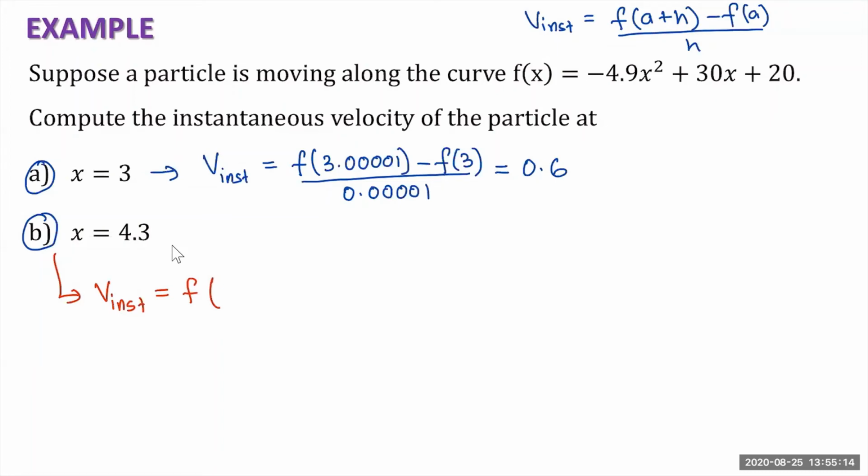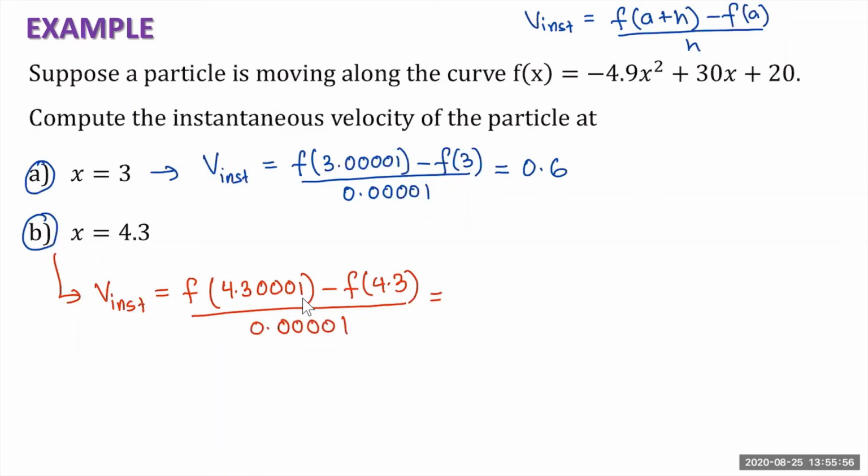You'll do 4.3 plus 0.00001, and you'll get 4.30001, because we need f of a plus h. So this is my a, and I'm adding h, and I'm always using h as 0.00001. Minus f of a, in place of a I have 4.3, then divided by h, which is 0.00001. That's what I'm using.